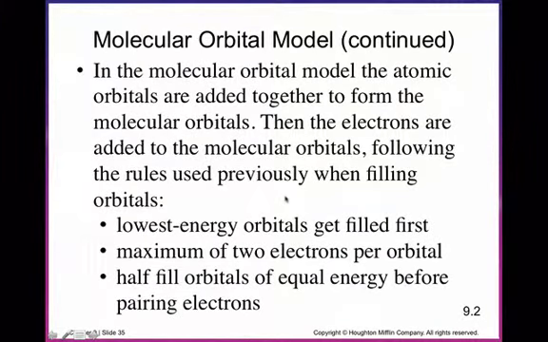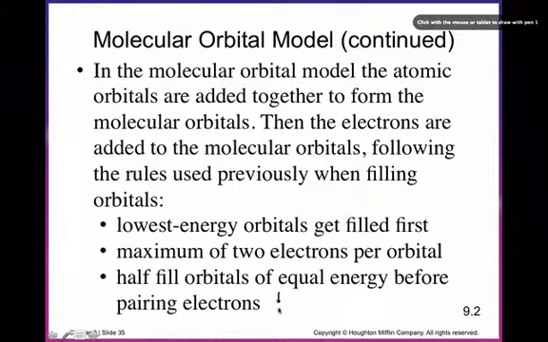In the molecular orbital model, the atomic orbitals are added together to form the molecular orbitals, and that's what we just looked at in that picture. Then the electrons are added to the molecular orbitals, following the rules that we've used before. So when we were talking about how electrons fill the 1s and then the 2s and then the 2p, they go from the lowest energy to the highest energy, and there's a maximum of 2 electrons per orbital still, and we want to half fill orbitals of equal energy before pairing electrons.